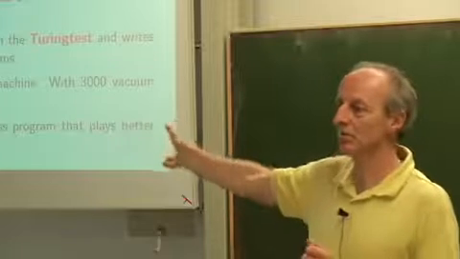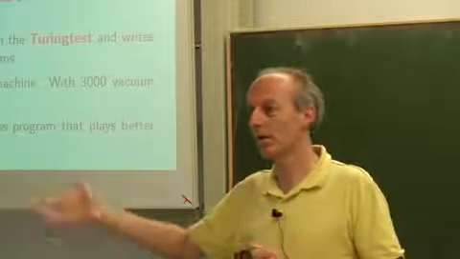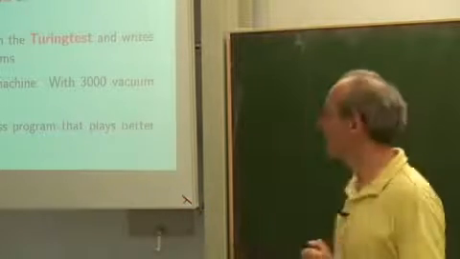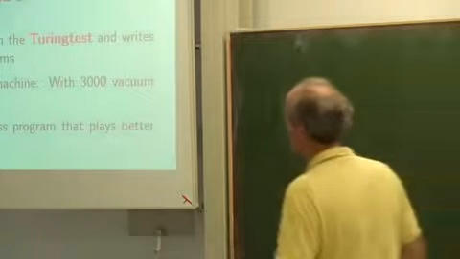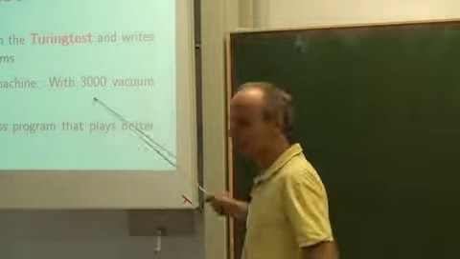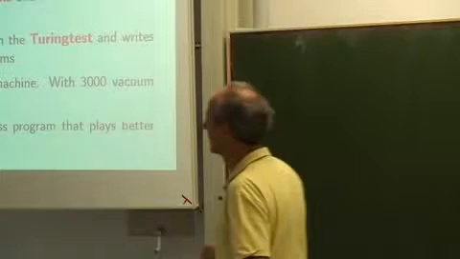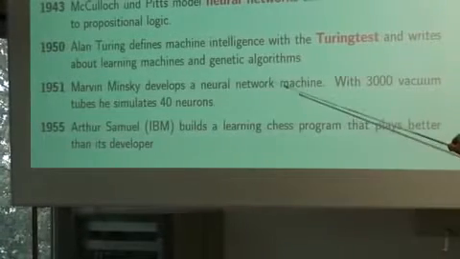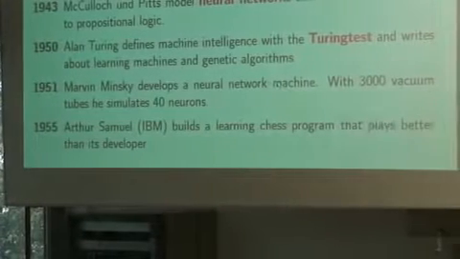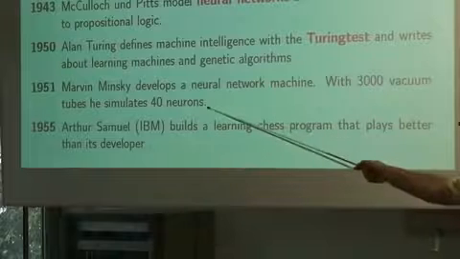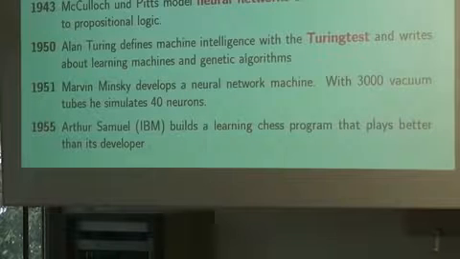So maybe it runs for 1 hour and then a tube fails and you have to replace it. And it's not very fast either. And 40 neurons is not really much. But it was an important step forward. But still, this area of neural networks didn't really start.